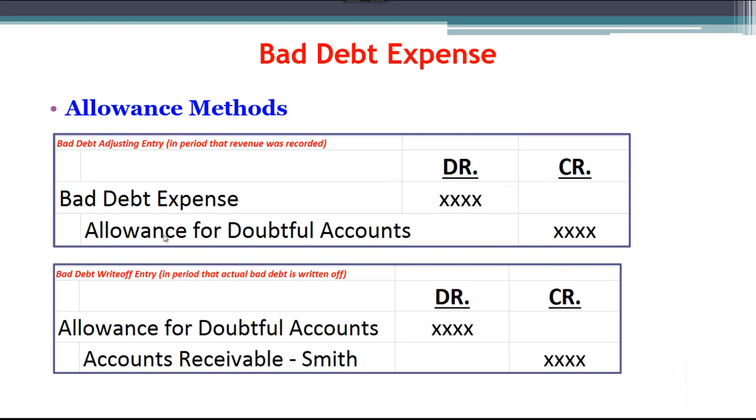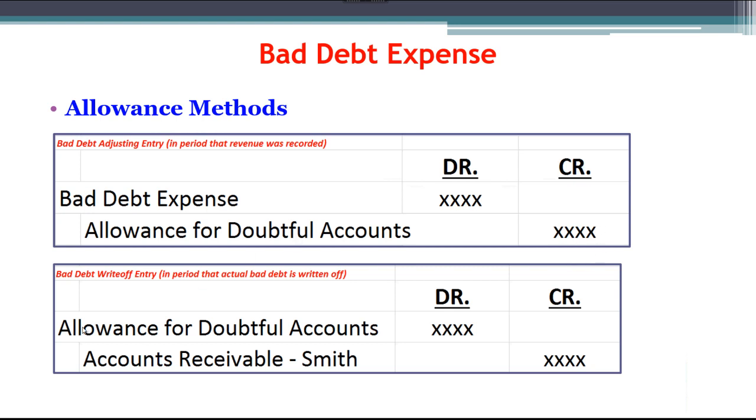So this is called a contra asset account because it's offsetting the accounts receivable. Assets have normal debit balances. Contra assets have normal credit balances to offset the accounts receivable. So by crediting this allowance, we're increasing it. We're setting up a fund for future write-offs.